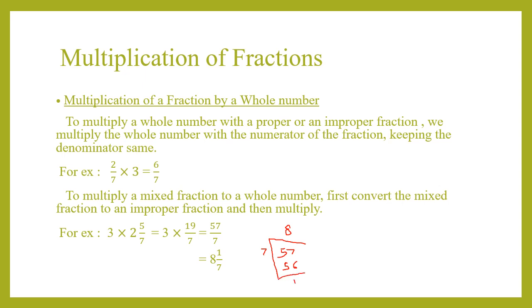Now 57 minus 56, that is 1. So that is 8, 1 by 7.